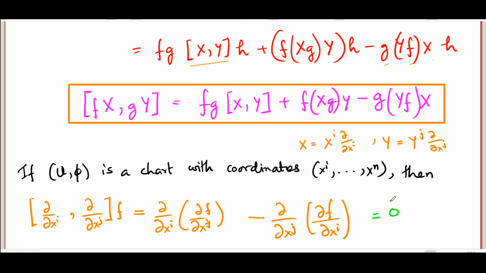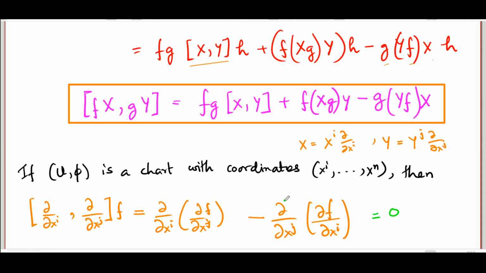After all, we all know that for a sufficiently smooth function, a function which has continuous second order derivatives, the difference of mixed partial derivatives vanishes. And this exactly looks like mixed partial derivatives, del xi and del xj taken in two different orders. So the difference should be 0.